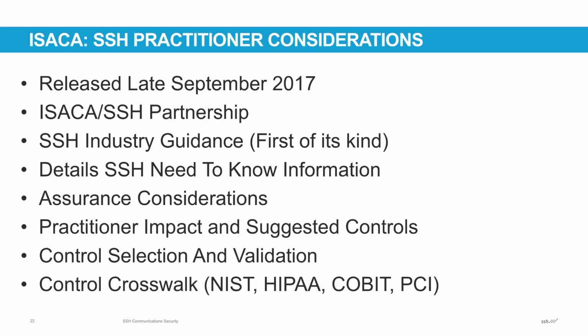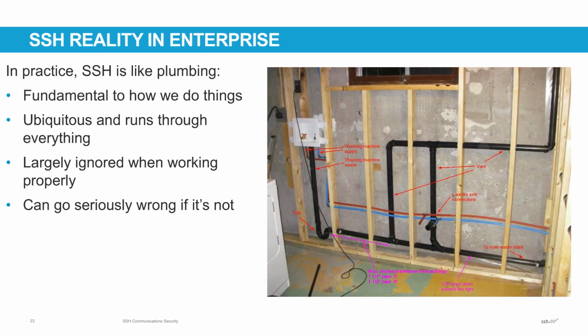There are a couple of features within the document that I'm going to walk through, but I just wanted to give you a prelude of that guidance. The first thing, and I think Fouad did a great job making this point, that's important to realize as we go through this is that in practice, SSH really is very much like plumbing. If everything's working appropriately and your plumbing is not busted, it's something you don't think about too hard.